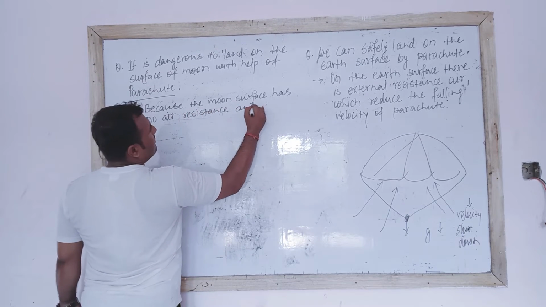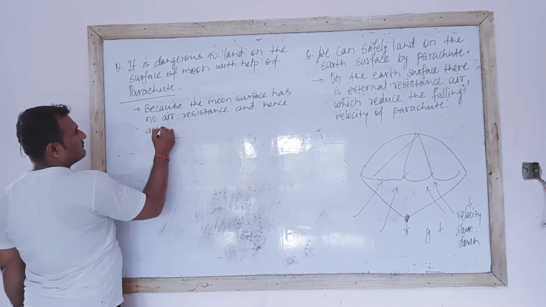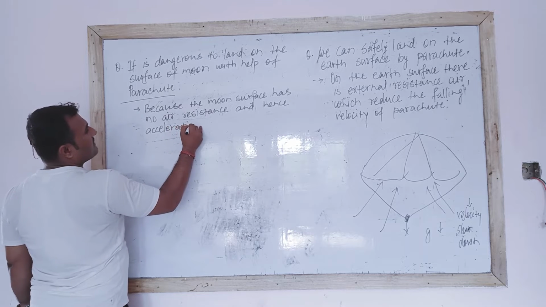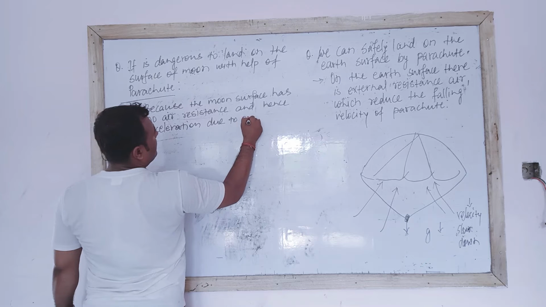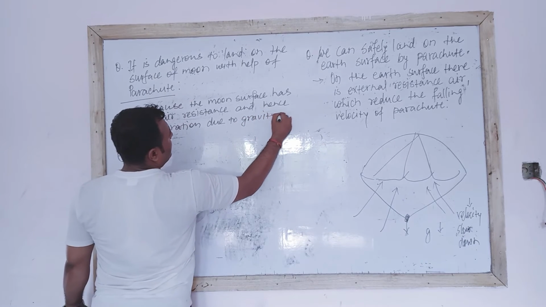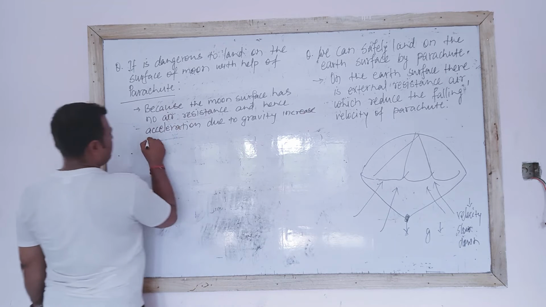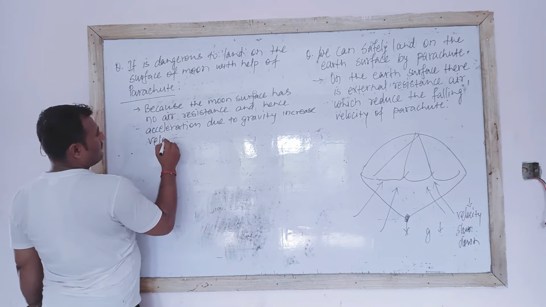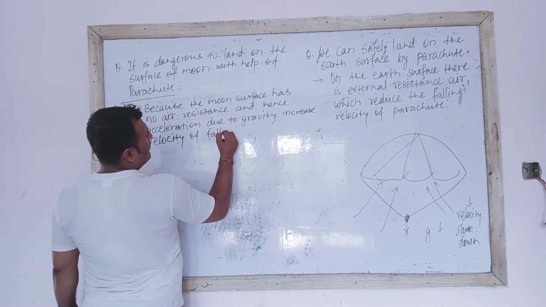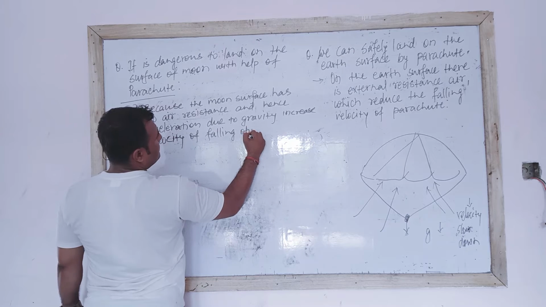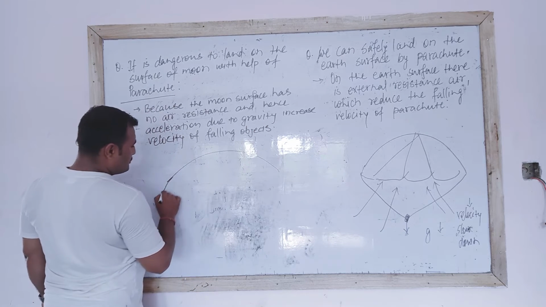and hence acceleration due to gravity increases the velocity of the falling object. As for example, here we draw a parachute.